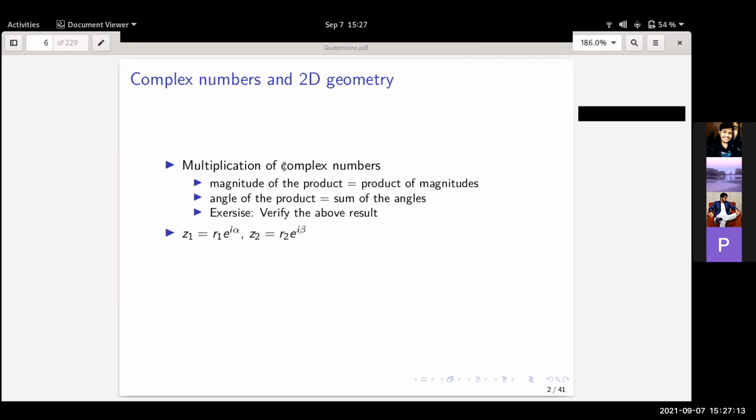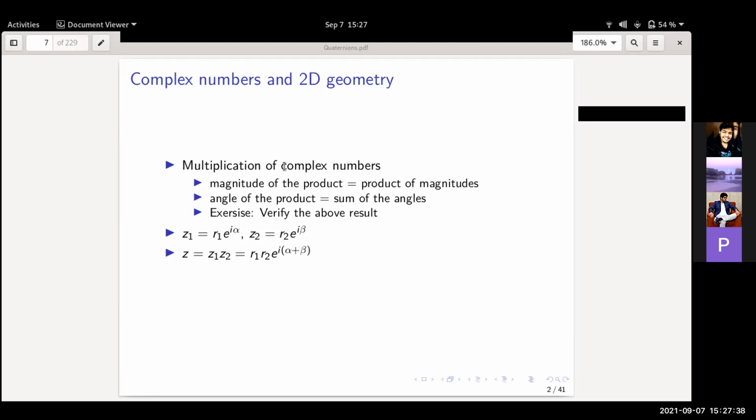This can easily be verified by this expression. If you have Z1 as complex number R1 e power i alpha and Z2 as complex number R2 e power i beta, if you multiply these two complex numbers, you will get R1 multiplied by R2 e power i (alpha plus beta).